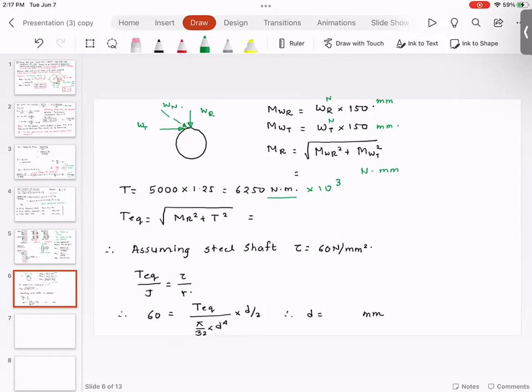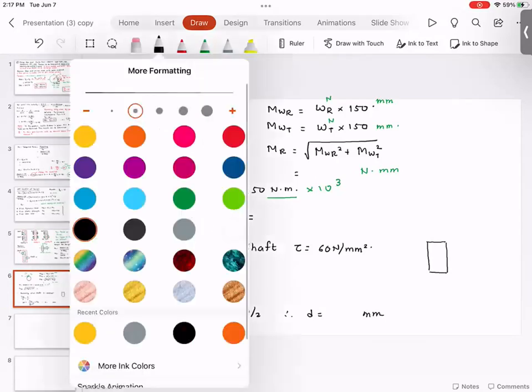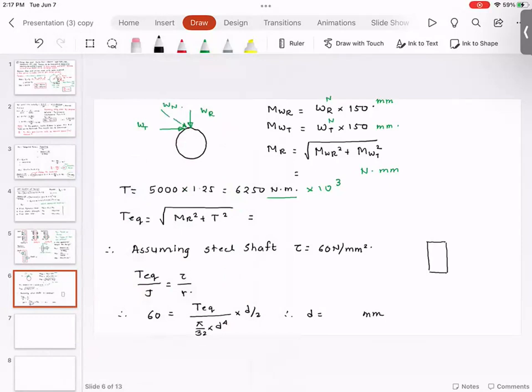Any answers? The only thing I want to caution you about here is that it may not happen all the time, but sometimes if the gear is transmitting way too much torque, the shaft that you design would be as big as the gear.